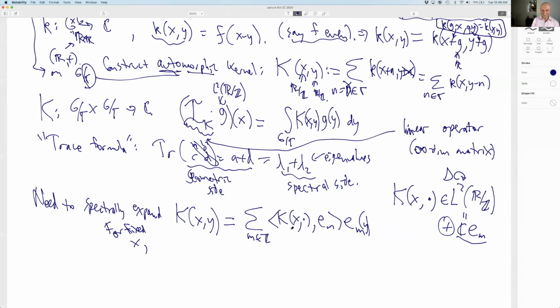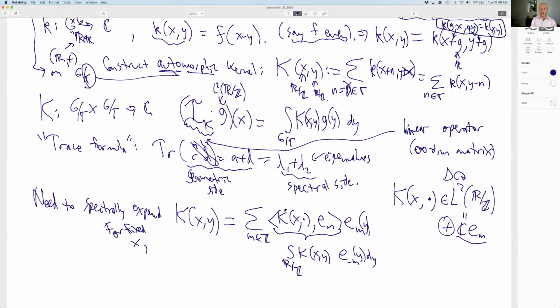Well, what is this? It's the integral over R mod Z of K(x,y) times, well, we have a Hermitian inner product, so it's sesquilinear, so I should put a conjugate here.